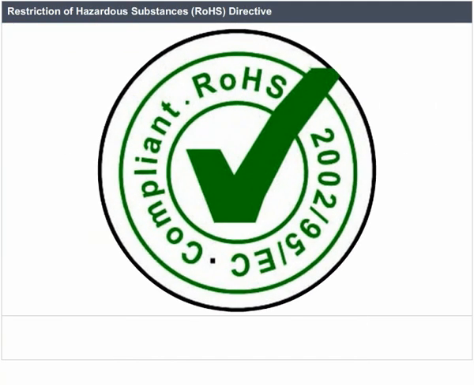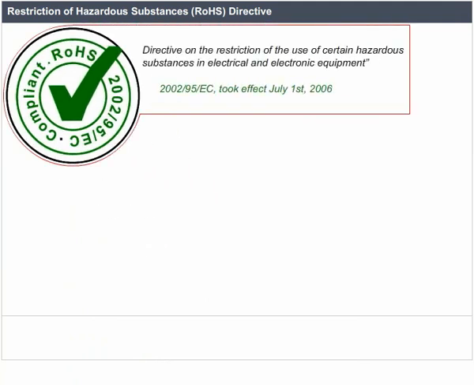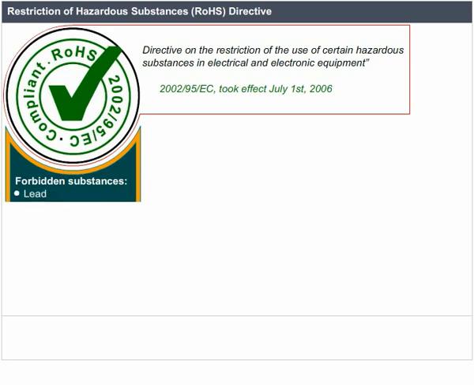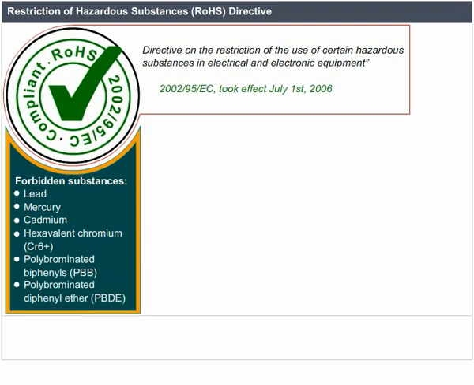Restriction of Hazardous Substances directive: the directive on the restriction of the use of certain hazardous substances in electrical and electronic equipment. This took effect on July 1, 2006. Forbidden substances: lead, mercury, cadmium, hexavalent chromium, polybrominated biphenyls, and polybrominated diphenyl ethers.